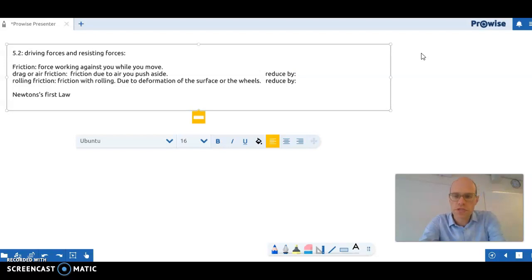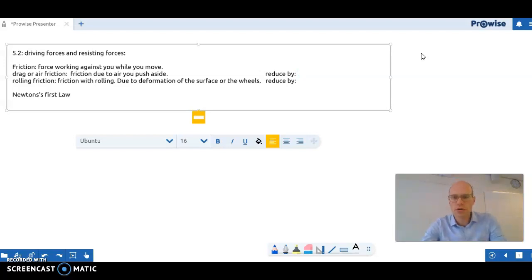For instance, if you're a cyclist and you want to have less forces working against you, because then you can simply cycle faster. So how can you reduce the drag or air friction when you cycle? There are lots of different ways. First of all, you can bend forward so that if you look at yourself from the front, you are smaller, so you need to push less wind aside.